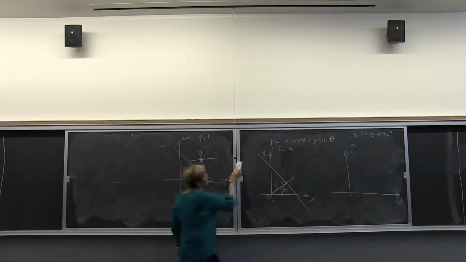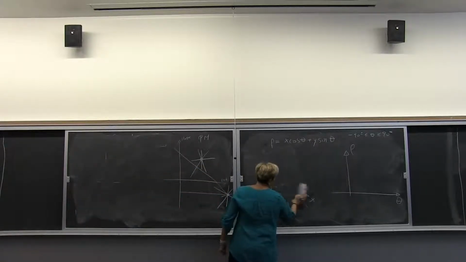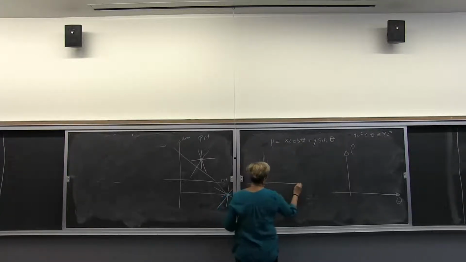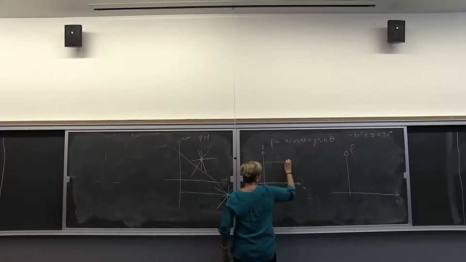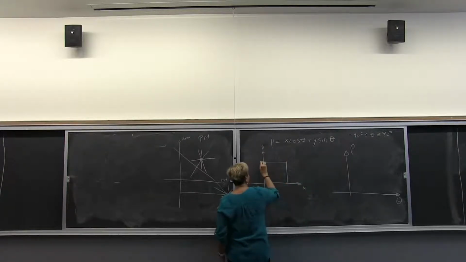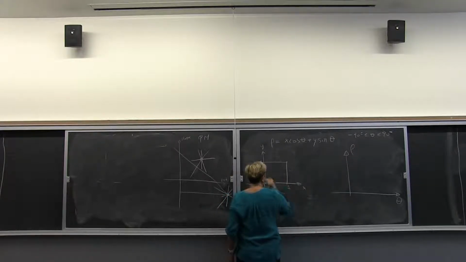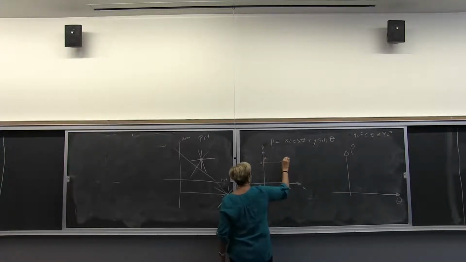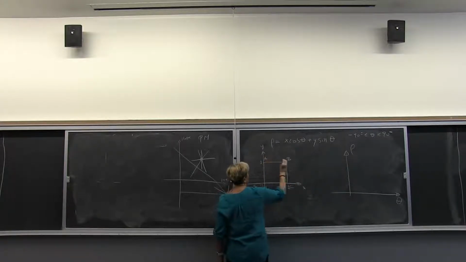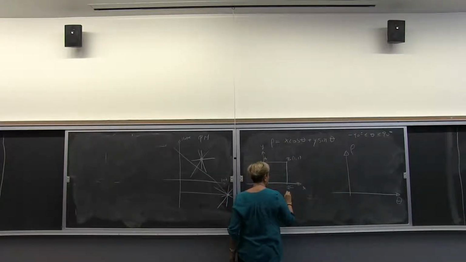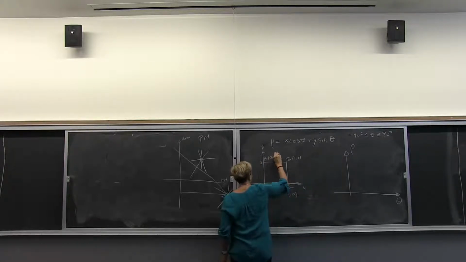Let me do it here. Suppose I have in image space this square. This has coordinates 1, 1, this has coordinates 1, 0, this has coordinates 0, 1.